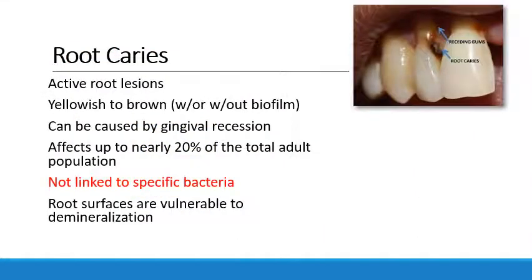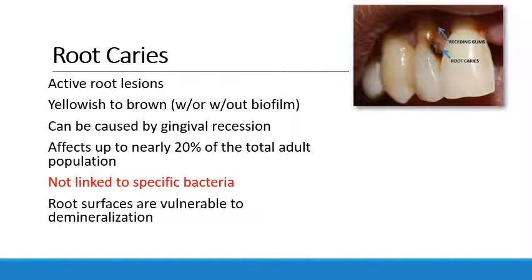Okay, so now we're going to transition into a topic that the book is covering, and it's root caries. The book states that root caries affects up to nearly 20% of the older adult population. You've seen it in the picture, it's showing you that the discoloration can be caused due to gingival recession, and that it's not linked to a specific bacteria.